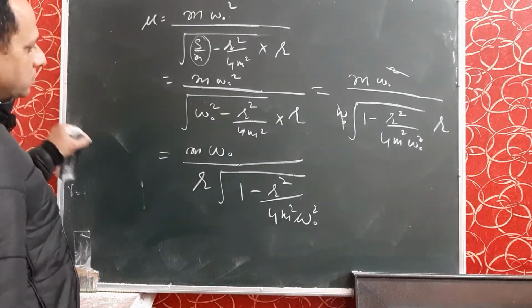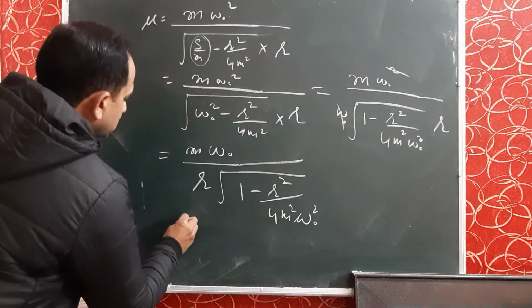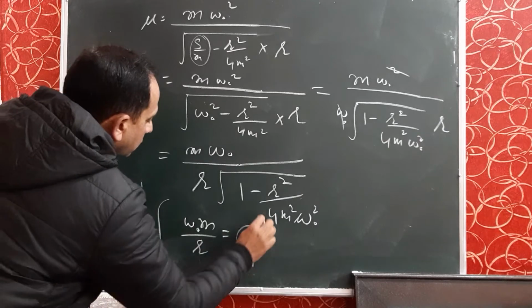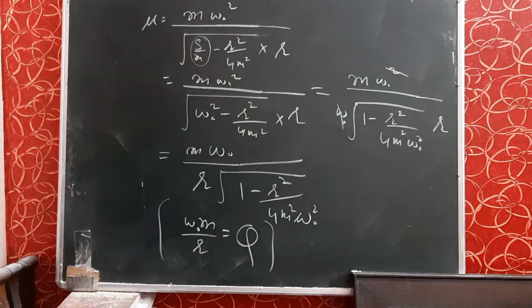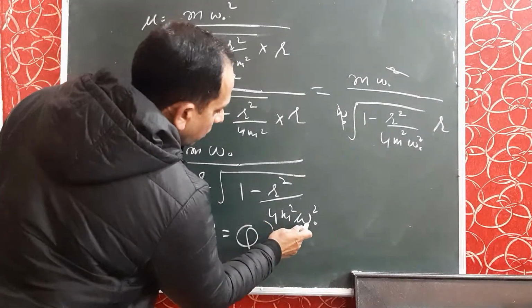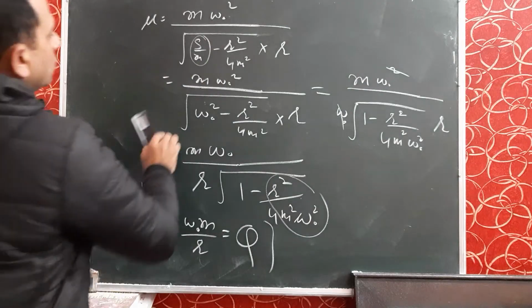We know that omega naught m by r is Q. We have already studied that the quality factor is equal to omega naught m by r. So omega naught m by r whole square is Q square.